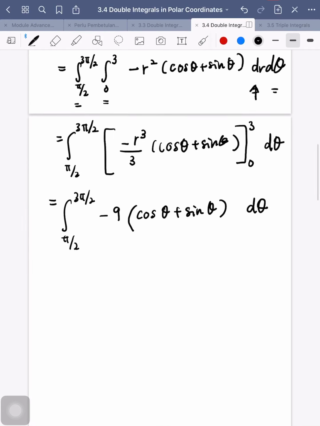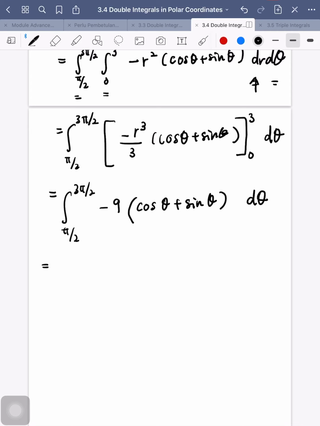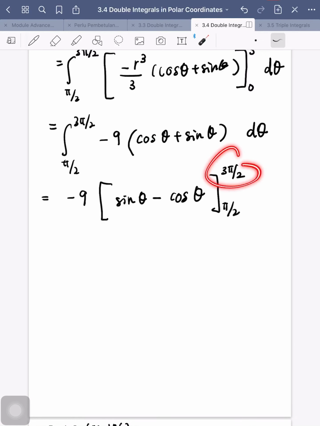Okay, next, negative 9 I can take it outside. So integrate cos, I have sin theta, and integrate sin, I have negative cos theta, from pi over 2 until 3 pi over 2. Okay, don't forget upper limit minus lower limit.